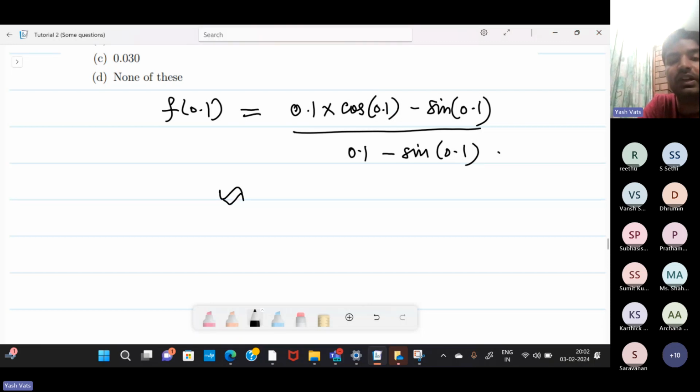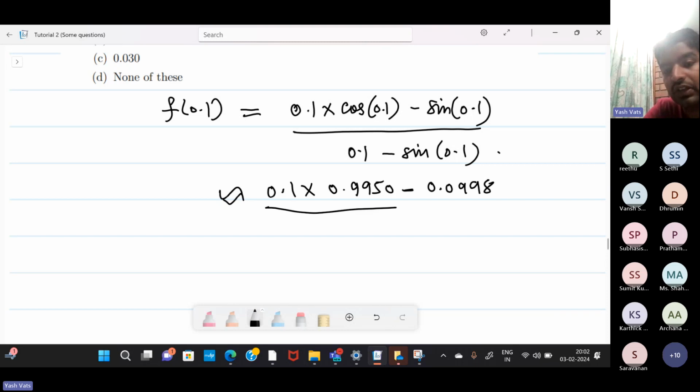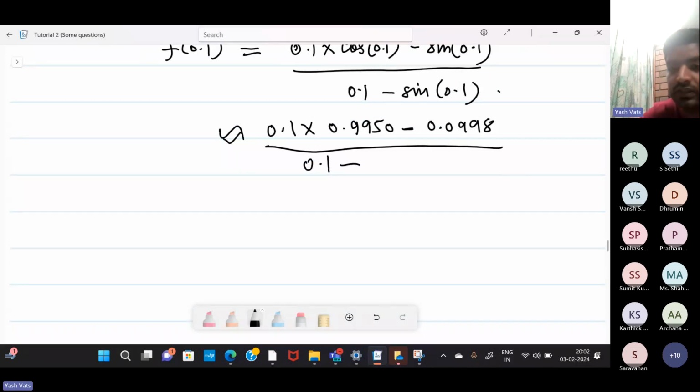Its approximate value will be 0.1 times 0.9950 minus sin 0.1, which is 0.09983. So I just remove the 3 over here, and 0.1 minus sin 0.1 is again the same value, 0.0998. Okay, just do the multiplication.